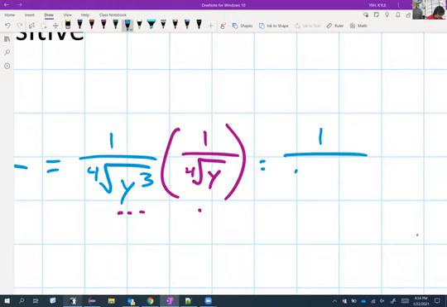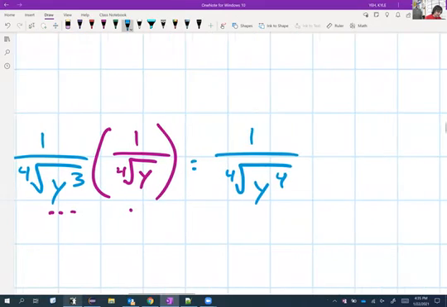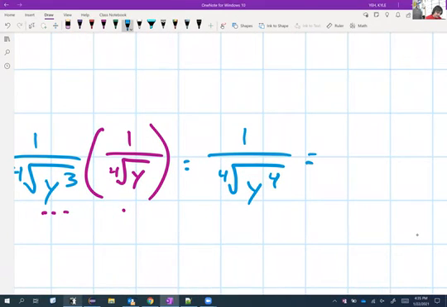Equals 1 over the 4th root of y to the 4th. What is the 4th root of y to the 4th? And you might be thinking, oh, it's just y. Kind of. Be careful. Because it is just 1 over y to the 1st power.